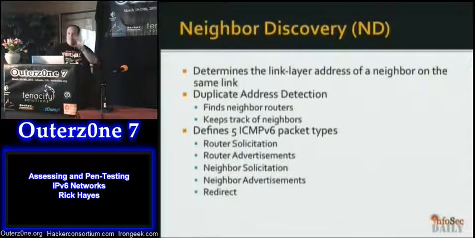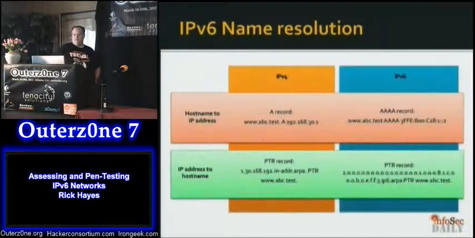They send out, hey, I'm going away, I'm going bye-bye, I'm not going to be here. ICMPv6 has five main packet types: router solicitation, who's the router out there? Router advertisement, I'm the router. Neighbor solicitation, who's my neighbor? And again, neighbor advertisement, yeah, I'm your neighbor, trust me. And of course, then the redirects, which are the same thing that we've seen from v4.